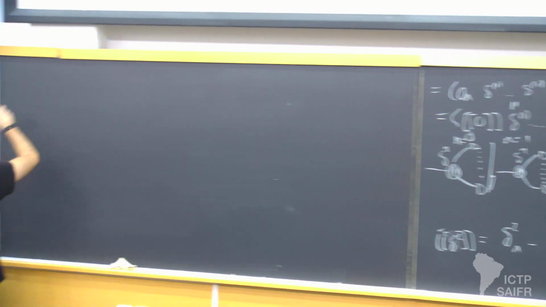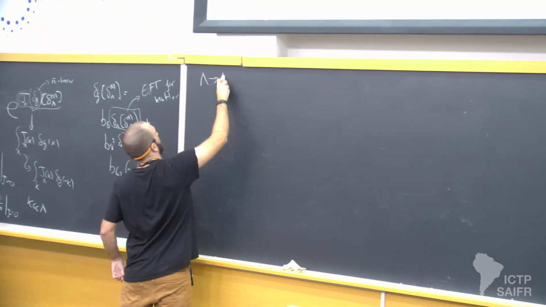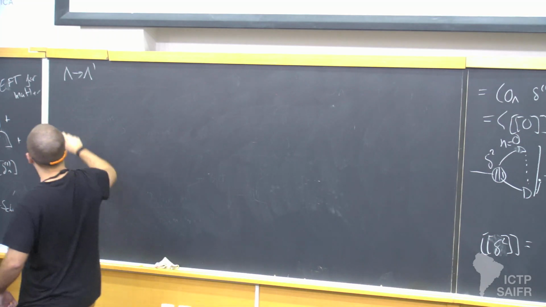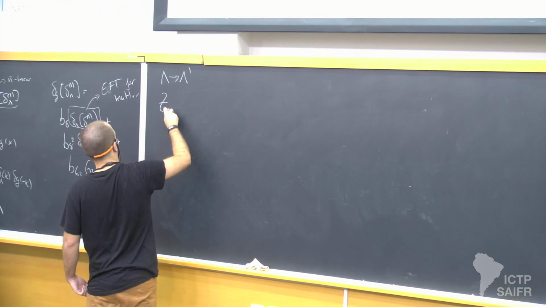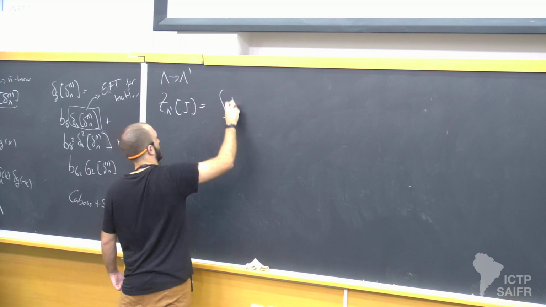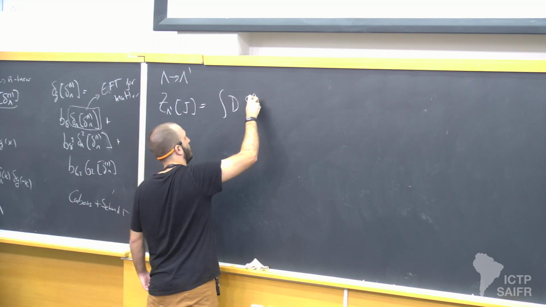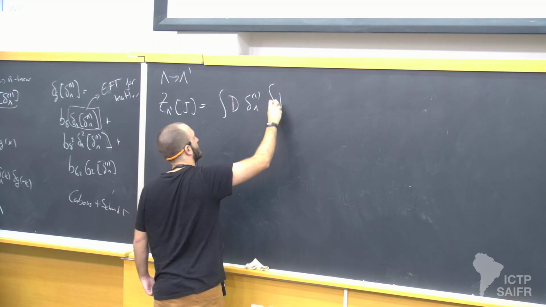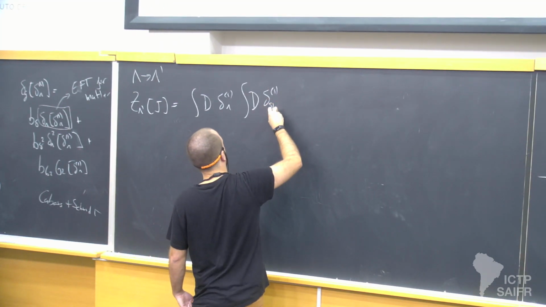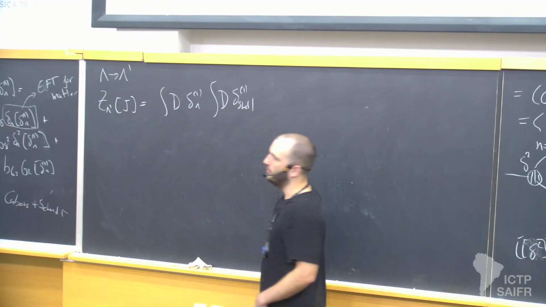So now I want to go from lambda to lambda prime. I can take my z of lambda prime of j to be the integral of two different things, delta 1 of lambda times this shell.